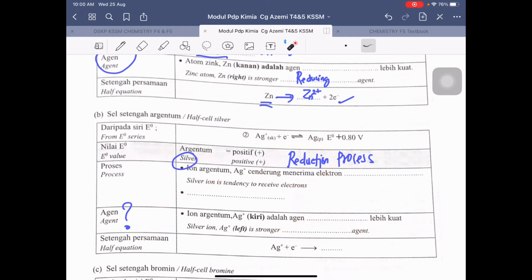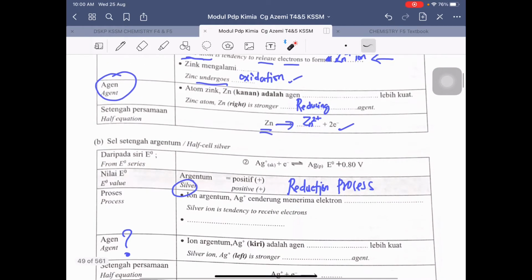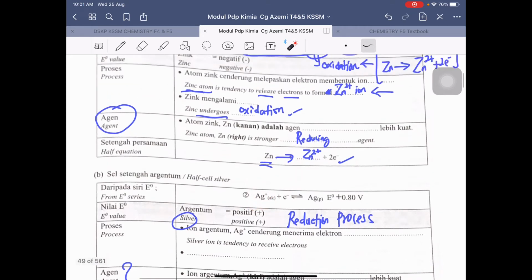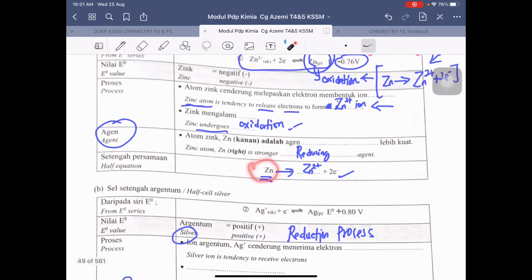Okay? So you remember that for a reduction process, Ag+ on the left, we always refer to the left hand side if we want to know whether it's a reducing agent or an oxidizing agent. For example, here there is zinc. Zinc is the reducing agent here.